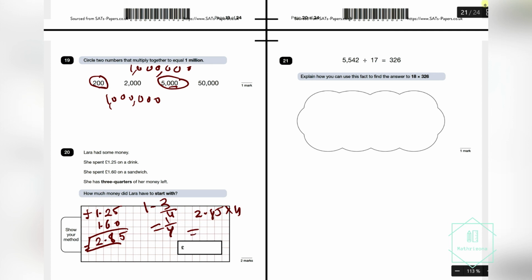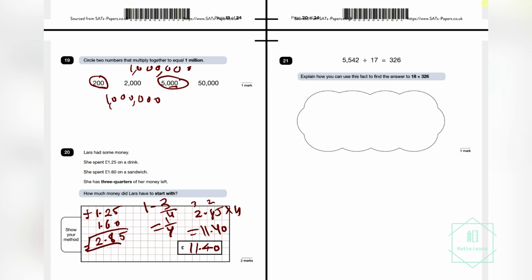So let's multiply: 4 times 5 is 20, carry forward 2, 4 times 8 is 32 plus 2 is 34, carry forward 3, 4 times 2 is 8 plus 3 is 11. So our answer is 11.40 she started with.